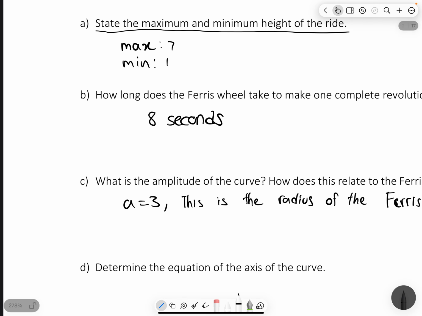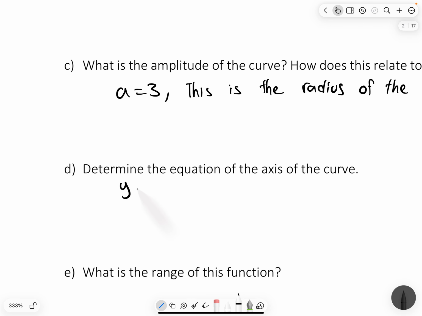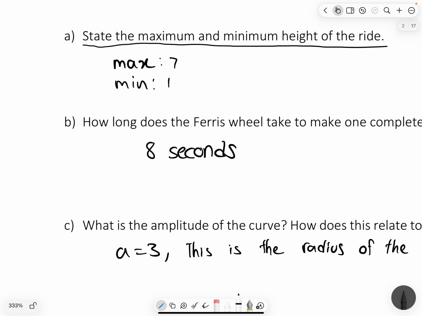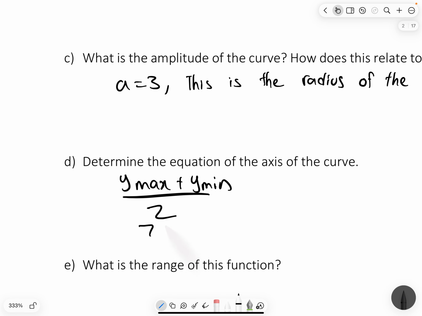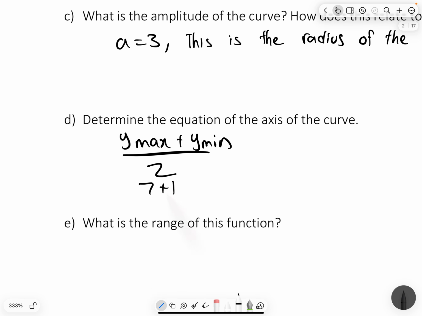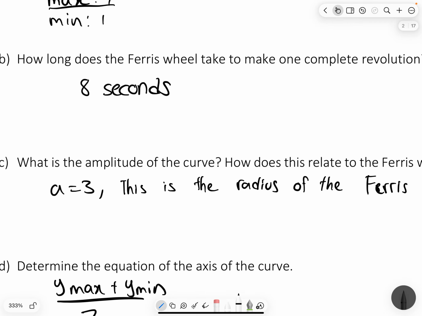We could do it again if you want. We could do y max plus y min divided by 2. Our maximum value is right here. It's 7. We could do 7 plus 1 divided by 2, which is 8 divided by 2, which is 4. So our value is correct here.